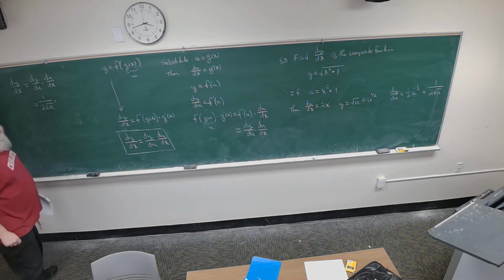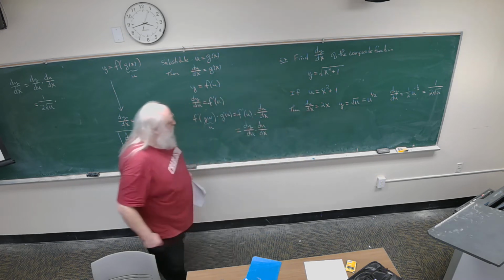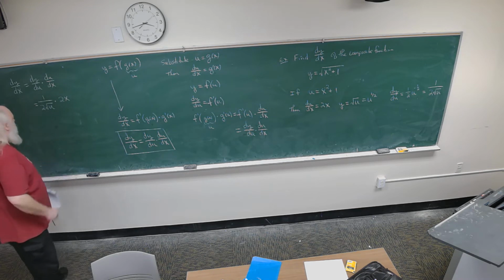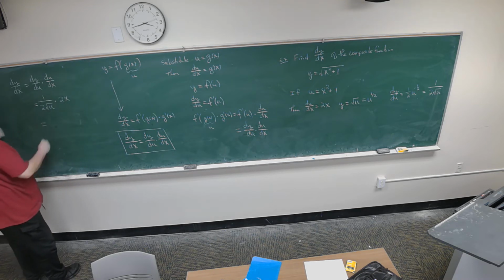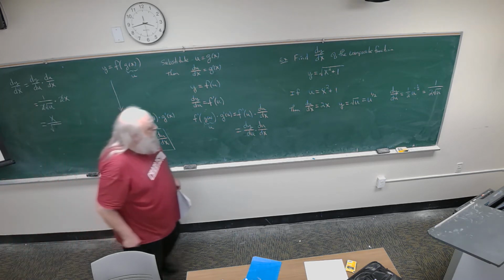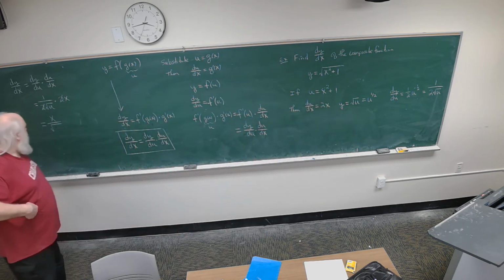And the derivative of u with respect to x is equal to 2x. And so, again, you can see the 2's cancel. And then when you multiply these, you've got 1 times x, which is x in the numerator. And the denominator, you've got the square root of u. And what's u? u is equal to x squared plus 1. So you put x squared plus 1 in for u.